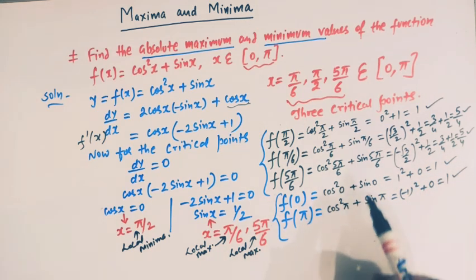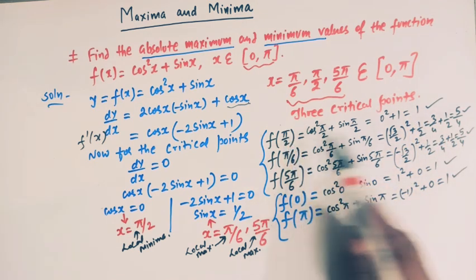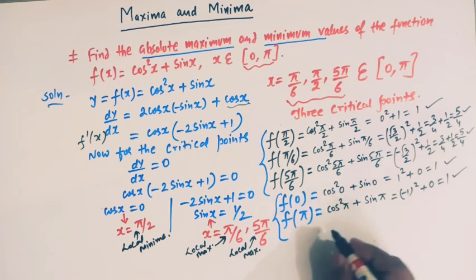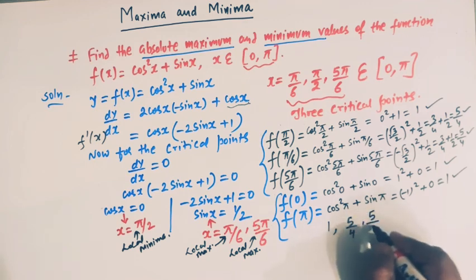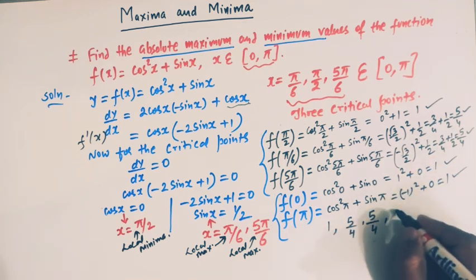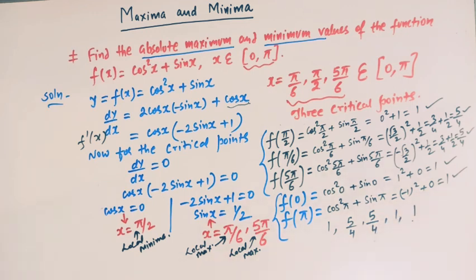So viewers, here we have obtained these 5 values, right? So we have 1, 5 by 4, again 5 by 4, then 1 and 1, right?